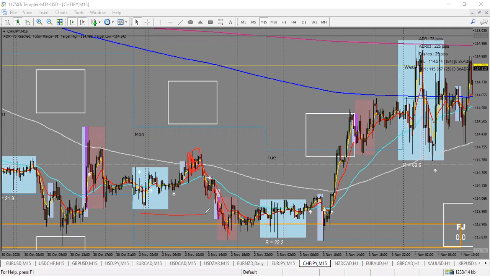So the stop loss was hit, and then we had to re-enter after this pattern was formed. So this was a late entry.